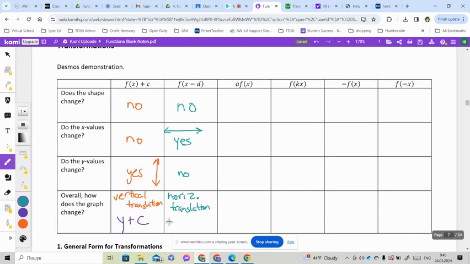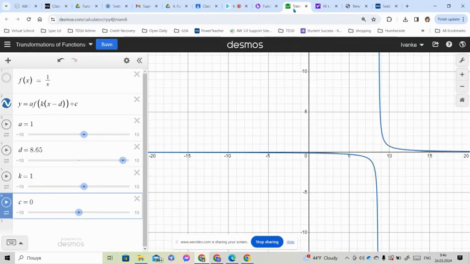Now, here's the thing. Similar to y plus c, any guesses what we're going to write? How does this change the function? If I wrote that a vertical translation, you take the y values and you add the c, take a guess, Greg. Okay, so Greg is saying x minus d, because remember when we have that parabola, we have to flip it. So I'm just going to write x and a d, and we're going to look at what happens.